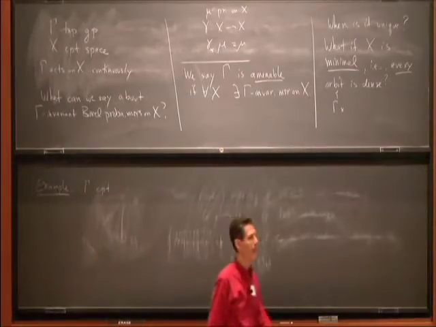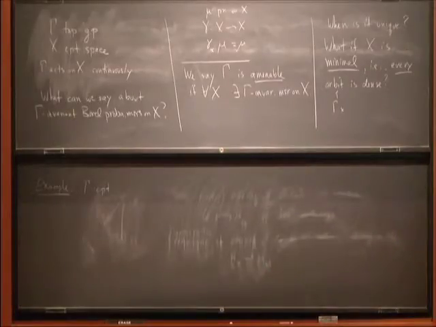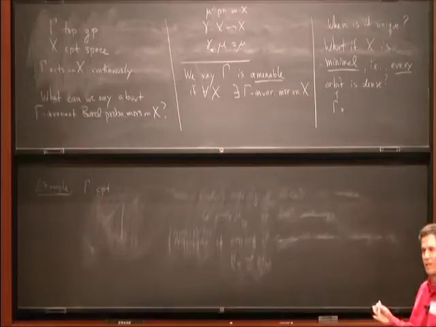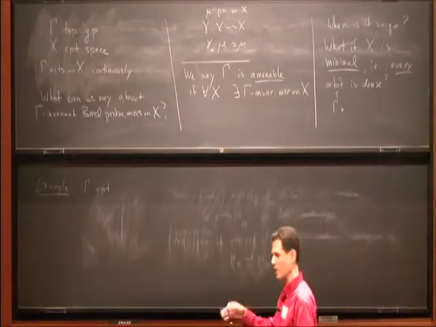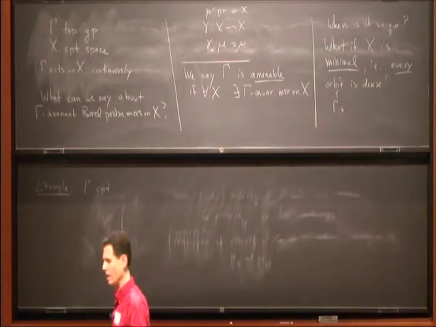Well, suppose gamma is compact. I didn't say what X is, but X is anything that it acts on. It's minimal. So then it is unique. Why? Gamma has, in this case, a Haar measure, which is unique, a probability measure on gamma which is invariant under the gamma action on gamma.